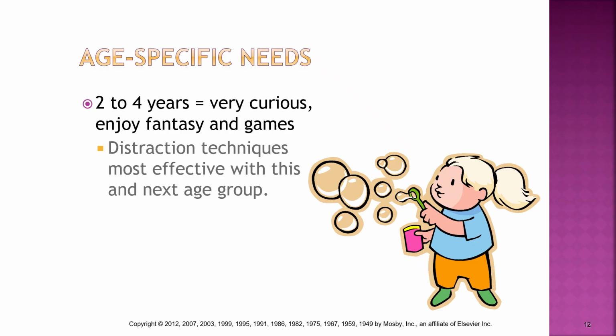2 to 4, curious. I would say all the way up into 6 and 7. Very curious. Wants to play games. Wants to play pretend. Very easily distractible. You can tell them a story. You can pretend that we're taking pictures. Now you can do that, but they'll more believe that it's actually just pictures, not x-rays.